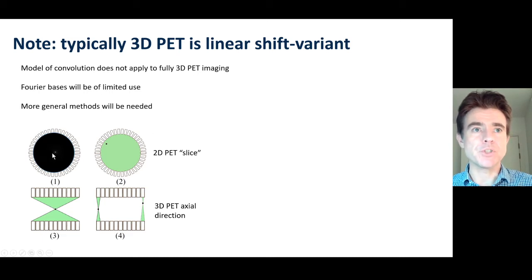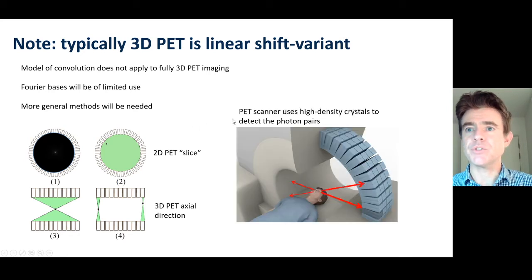Here I'm just showing the example of that well-known point spread function that you've been looking at in previous videos. And here I'm just illustrating it again. That would be, for example, the lines of response, back-to-back photon pairs that would be back projected to give that kind of back projected point spread function. For the 2D case, imagine you'd have a ring of detectors just there where those red lines are.